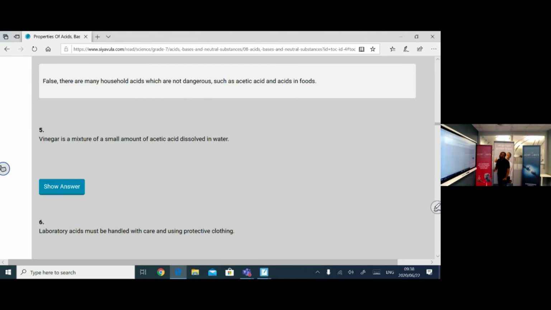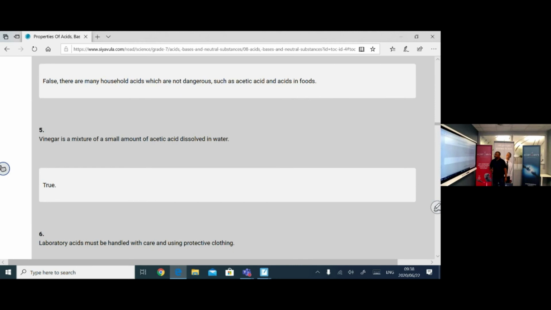Number 5: vinegar is a mixture of a small amount of acetic acid dissolved in water. It is true. Vinegar is made up of a mixture of the two.